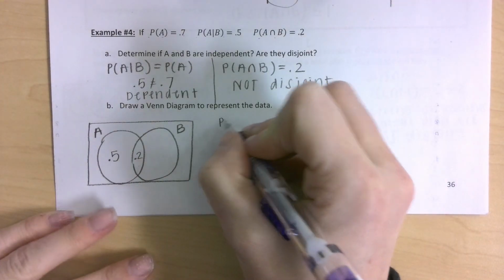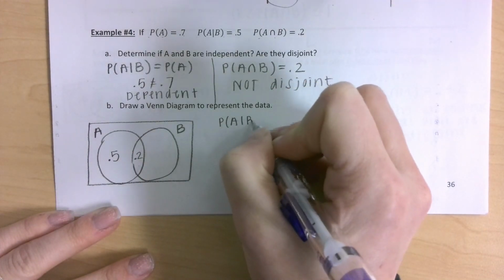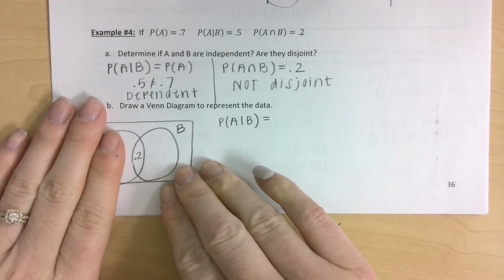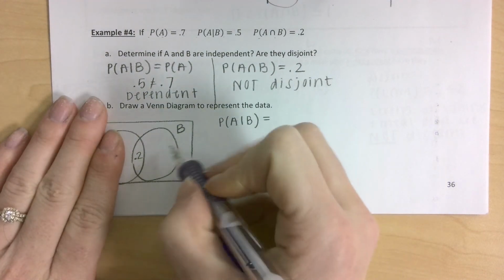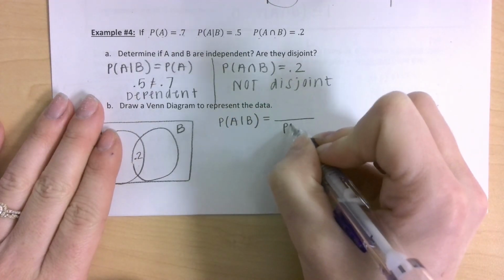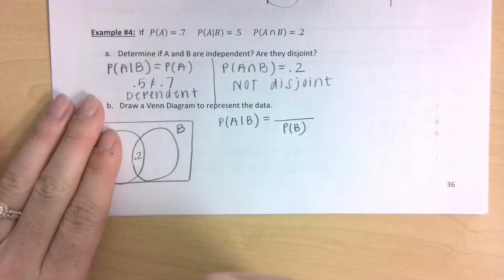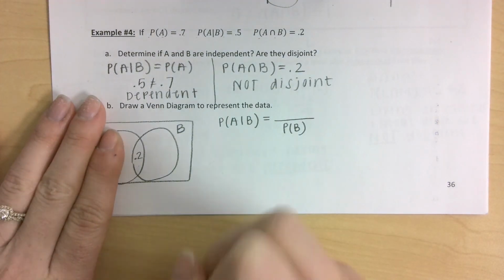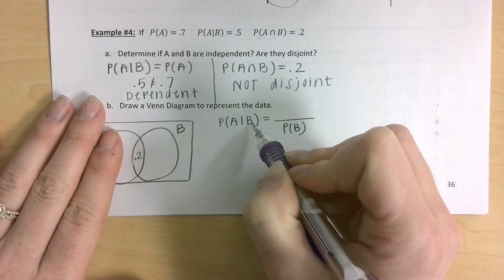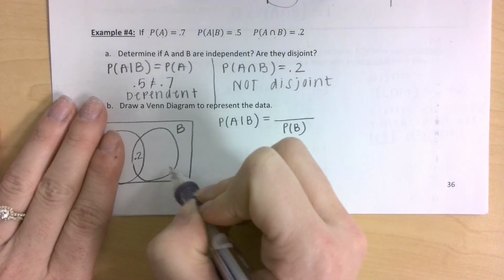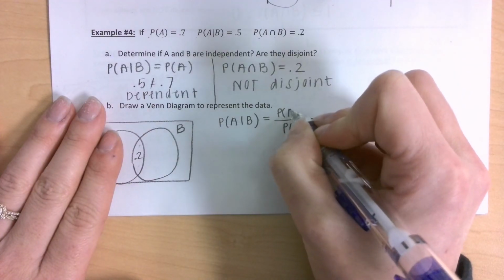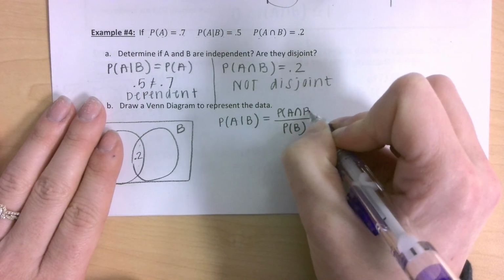When I'm finding the probability of A given B, the condition is B. So if I'm thinking about my Venn diagram here, I would start with finding all of B. That means that my denominator would be the probability of B. Once I've located that amount, I then look for the percent that's in A, which would be this overlap here, which notation-wise we call the probability of A and B.